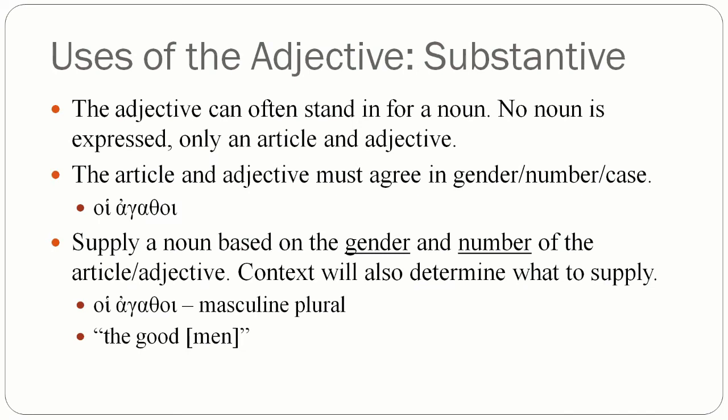And that one you supply a form of to be. And then the third one here, the substantive. No noun given, just an article and the adjective. And you have to supply a noun based on what the gender and number is of the article and or adjective.